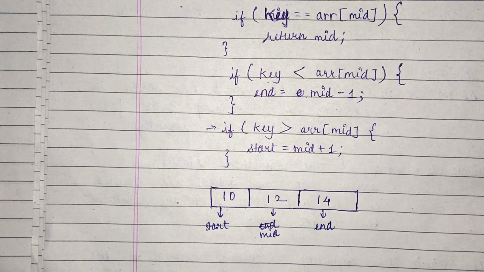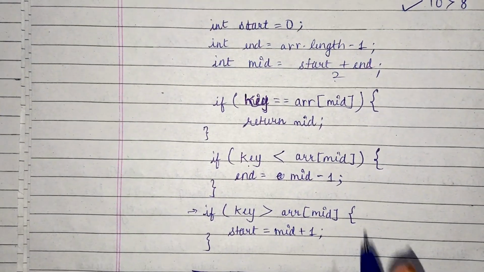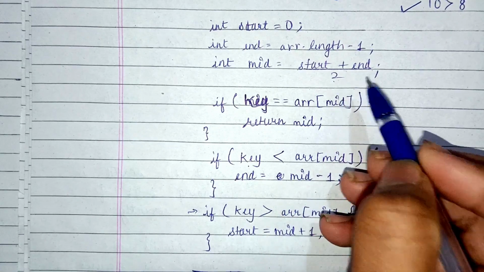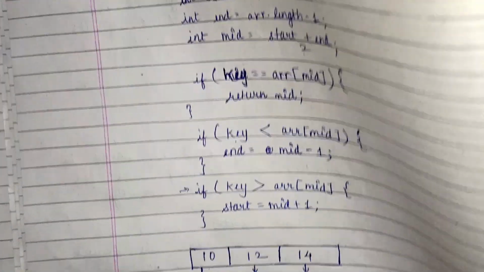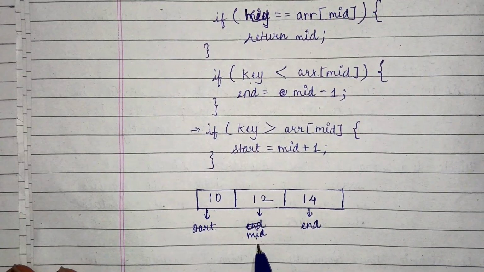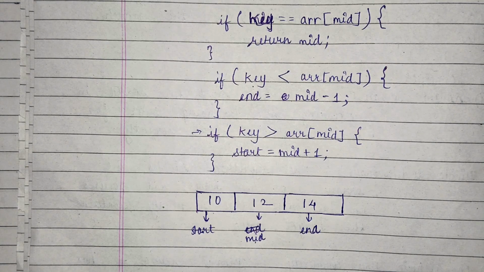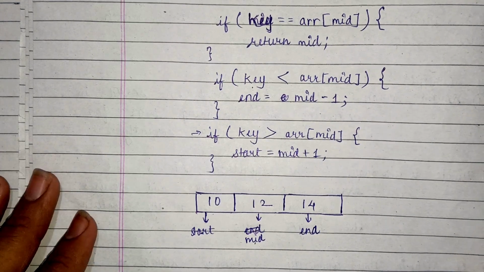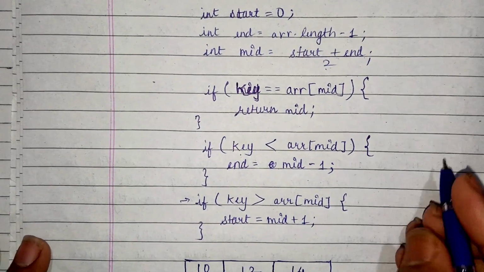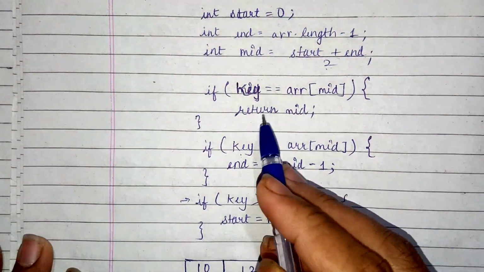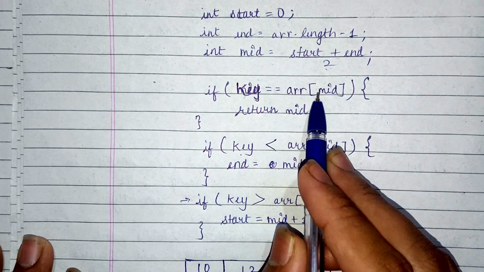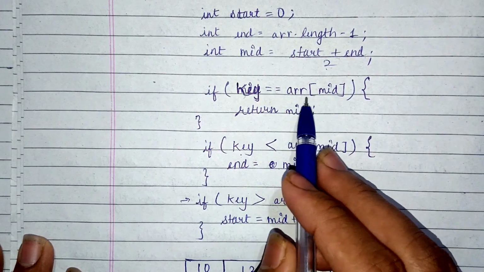What is the mid value? Start plus end divided by 2, means the middle value, means 12. Again it will compare with the key. Now it will check if key is equal to array of mid?